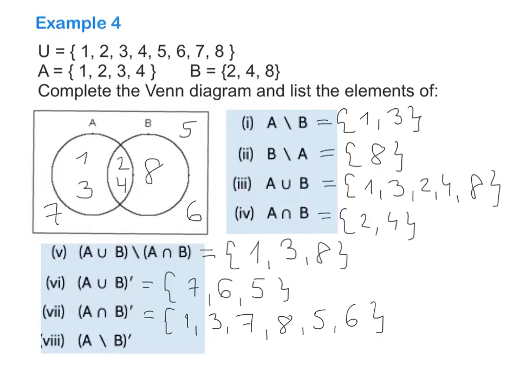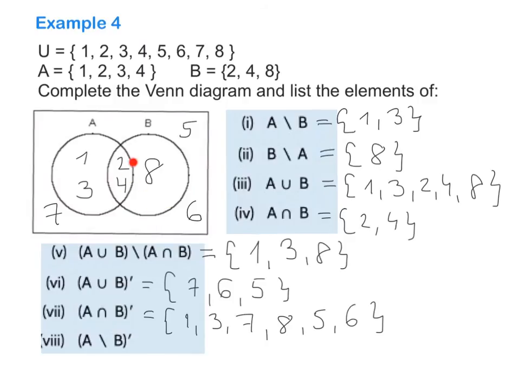Okay, and the last one is A minus B complement. So look in here. A minus B is 1 and 3. So this little part, everything in A but not in B. But complement means everything outside.